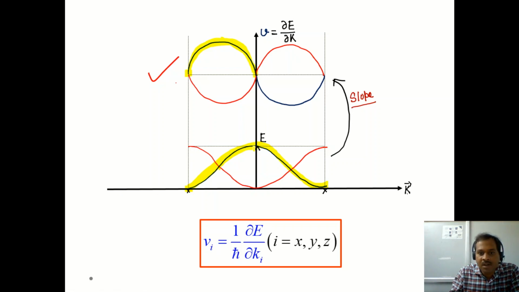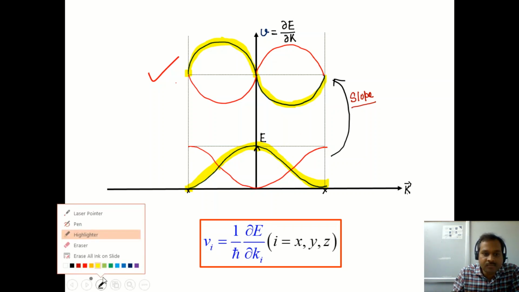Now let us look at the other side, this region. Here we are starting from 0, then it is having a negative slope. The E versus k diagram is having a negative slope from here, and it is gradually decreasing on the negative side, and it is minimal at this point with a negative sign, and again it is increasing and becoming 0.